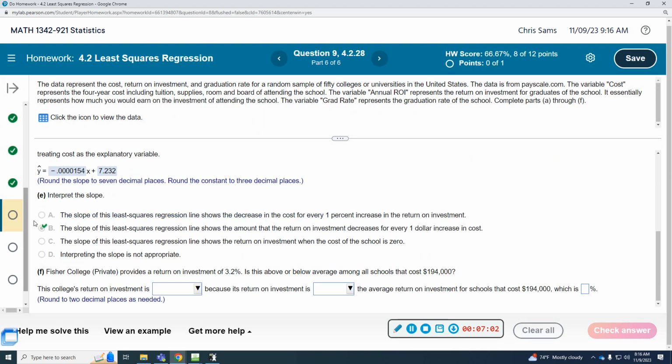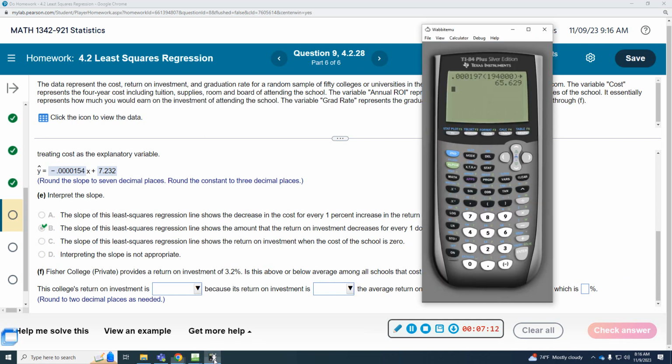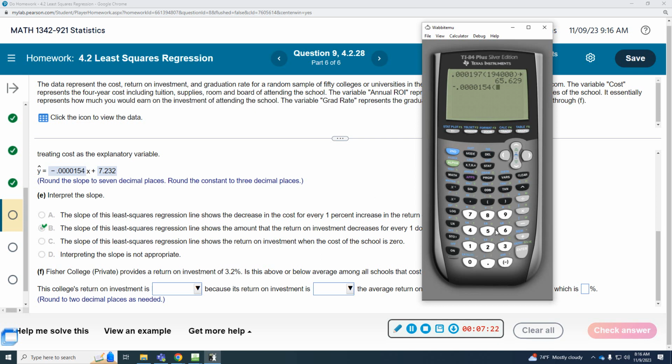Okay. And then F, private school has a return on investment of 3.2%. Is this above or below for 194? Okay, so I'm going to use the new equation now. So I'm going to do negative 0.0001154, that is our slope, times the 194,000.